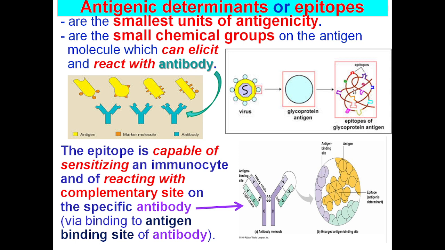This protein, in different parts of the amino acid chain, has different states, shown by different colors, that form different epitopes.